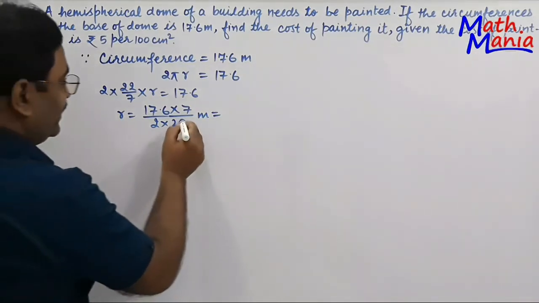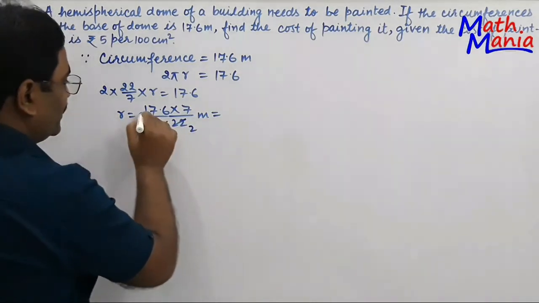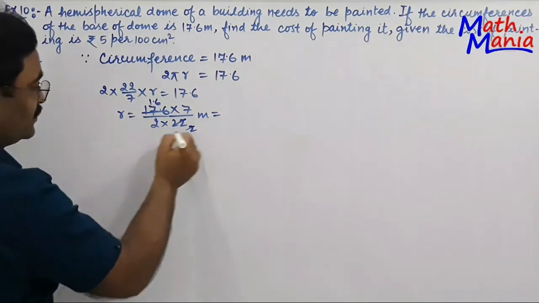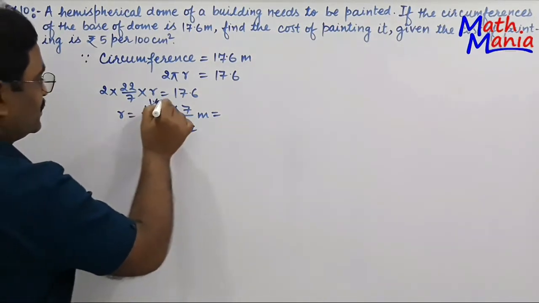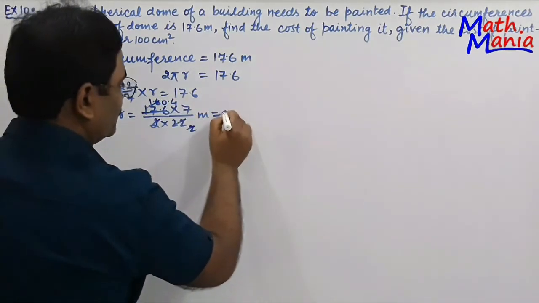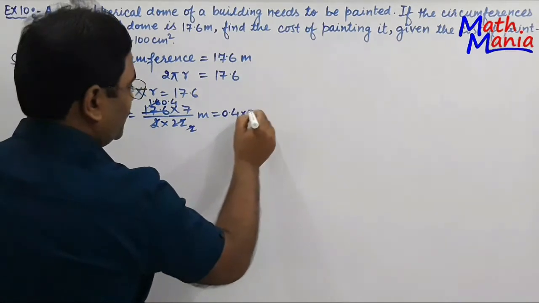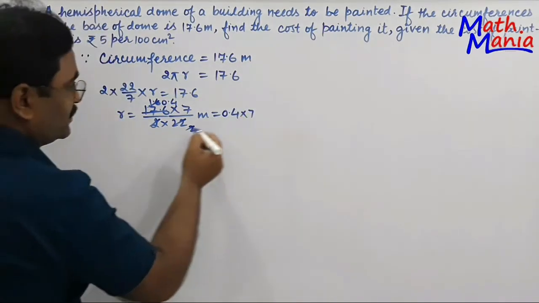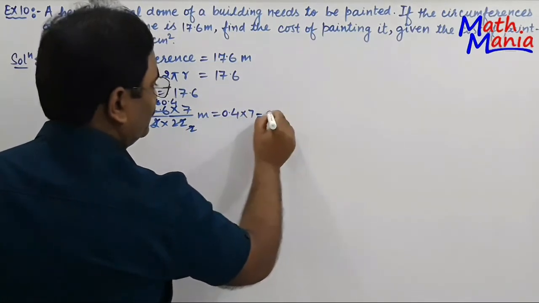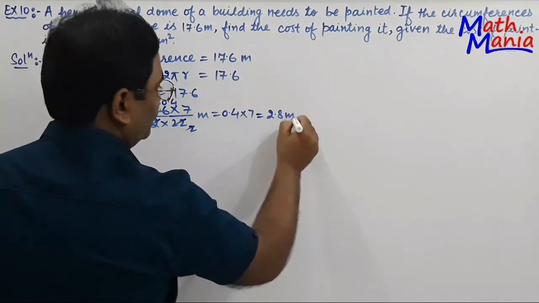Dividing by 11, 11 2s are 22, 11 1s are 0.6 . Now 2 2s are 4, 4 4s are 16, 0.4 multiplied by 7 gives you 7 4s are 28, 2.8 meter.